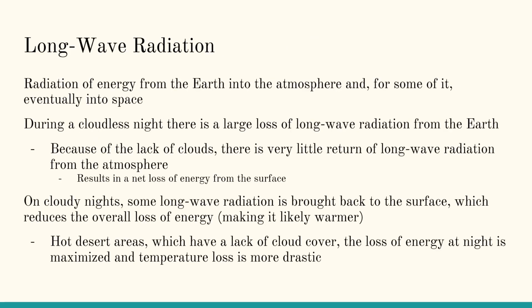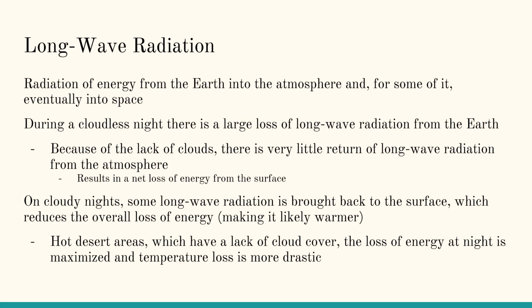The other type of radiation is long-wave radiation, and this is the radiation of energy that has come from the sun originally but has now bounced from the Earth and back into the atmosphere, and for some of it, eventually back into space. During a cloudless night, there's a huge loss of long-wave radiation from the Earth, because due to the lack of clouds, the long-wave radiation that has existed in the atmosphere all day while the sun was shining has nothing to bounce it back to the surface of the Earth.